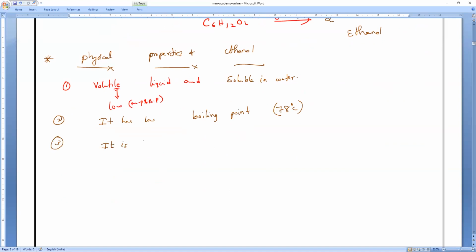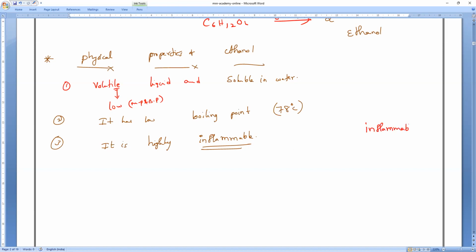Next, will it catch fire or not? Everybody, will it burn or not? Please respond. They will burn. Am I right or wrong? They are highly combustible, that is, highly inflammable. What is the meaning of inflammable? Highly catching fire. Inflammable, the opposite word is non-flammable.